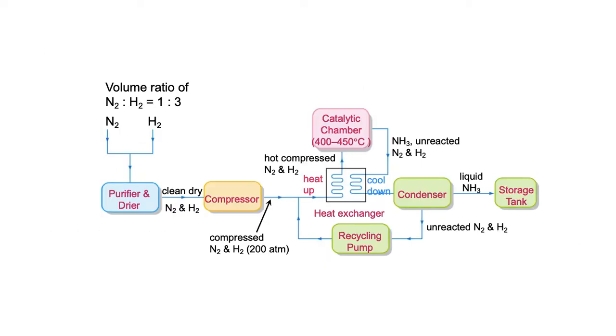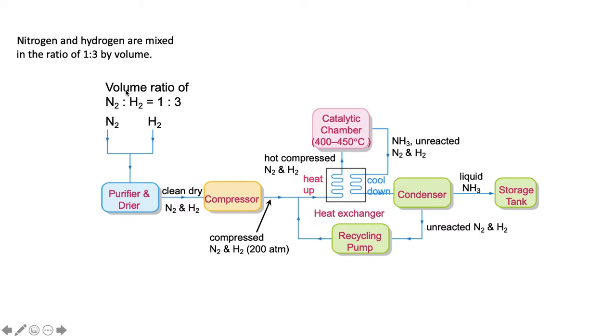This slide is summarizing the industrial process of the Haber process with different stations. First, nitrogen and hydrogen gas are mixed in the ratio 1:3 by volume. Why is it necessary to be 1:3 by volume?